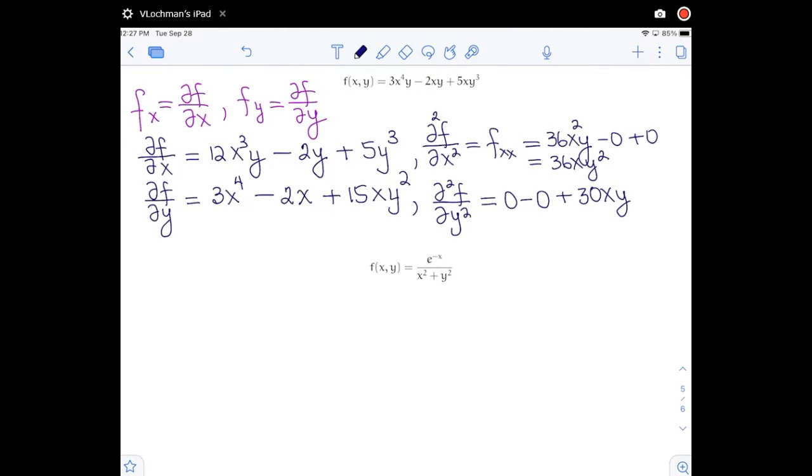Let's keep going then with more complicated functions. Same idea. I want to find just the first partial derivatives for this function that looks like a ratio.